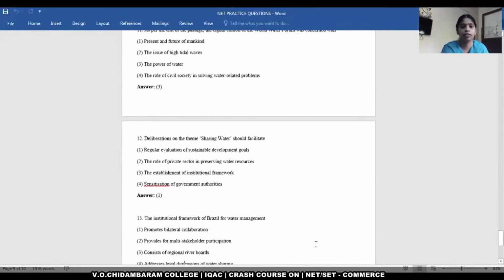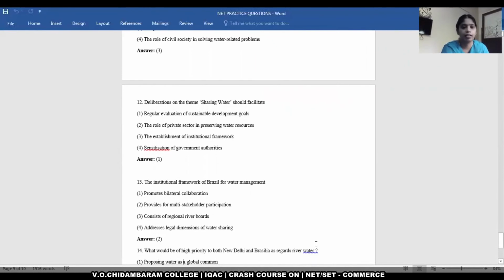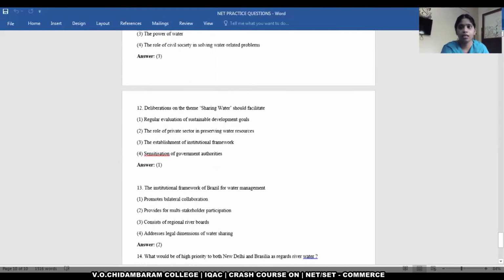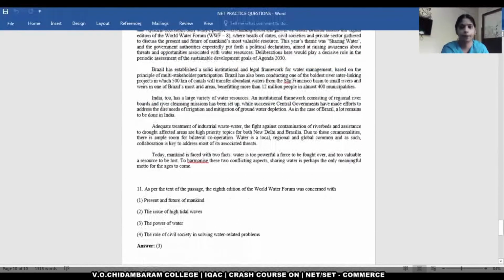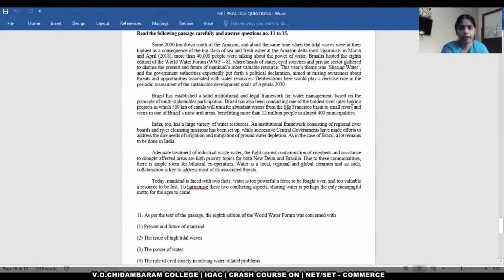Okay. Now the third question. The institutional framework of Brazil for water management promotes bilateral collaboration, provides for multi-stakeholder participation, consists of regional river boards, address legal dimensions of water sharing. So we'll go back to the passage. Institutional framework of Brazil for water management. Where do we have?